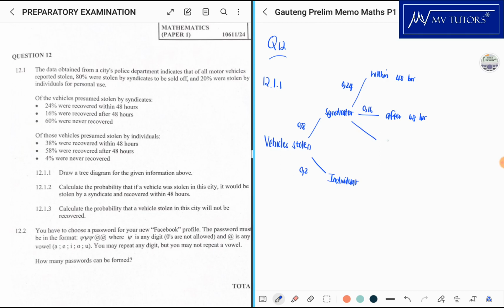And then never recovered, that is 60%. That is a very high number.